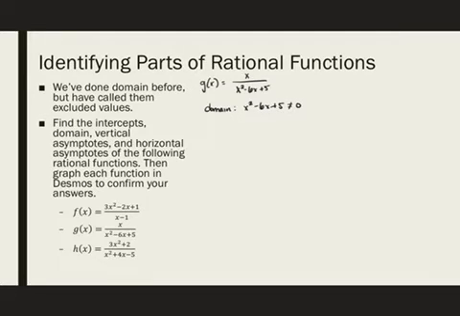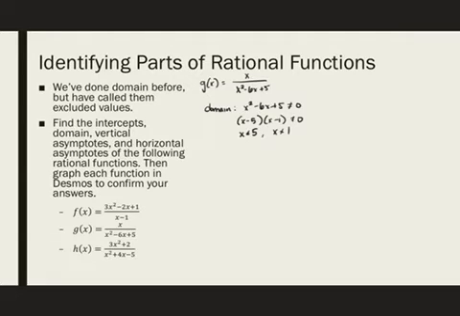So I need factors of 5 that add up to negative 6, which is going to be a negative 5 and a negative 1. So x minus 5 times x minus 1 cannot be 0. So that means x is 5 and x is 1. Or x cannot be 5, x cannot be 1.